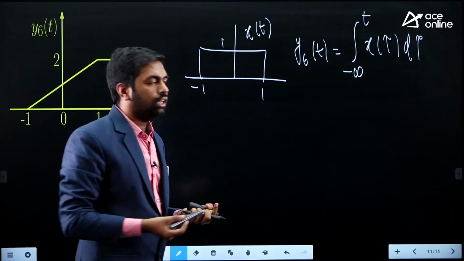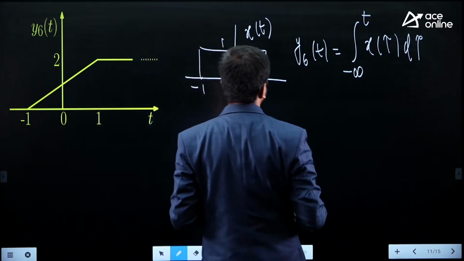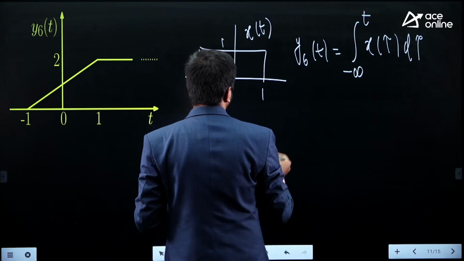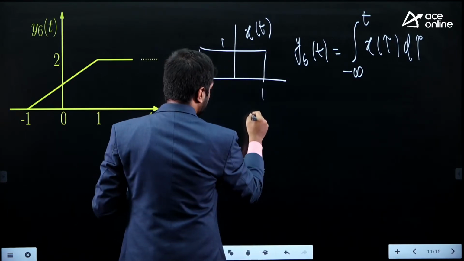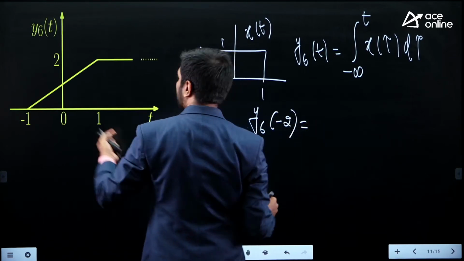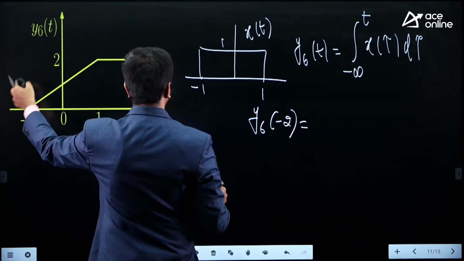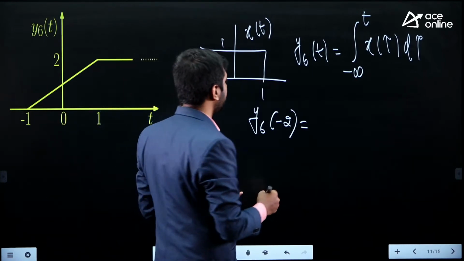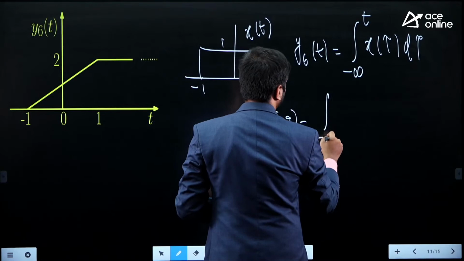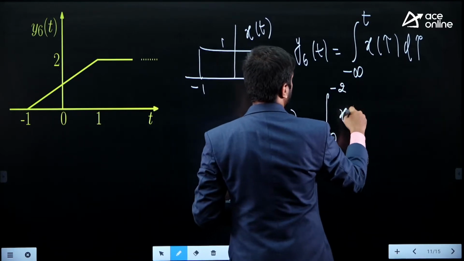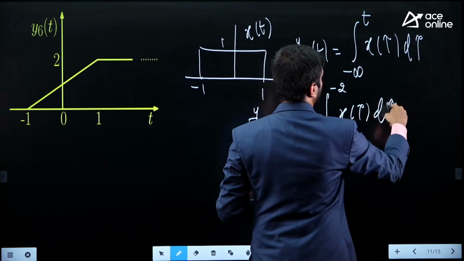I'll just verify at some points to get some confidence here. For example, what is y6 of minus 2? I already know from this graph that y6 of minus 2 is 0. I want to confirm that. For that, I'll integrate from minus infinity to minus 2 of x of tau d tau.